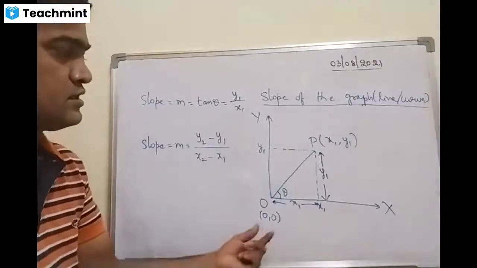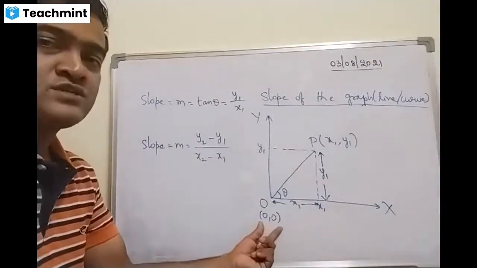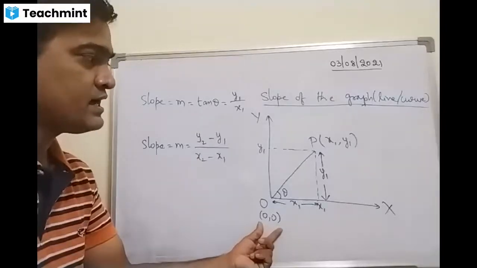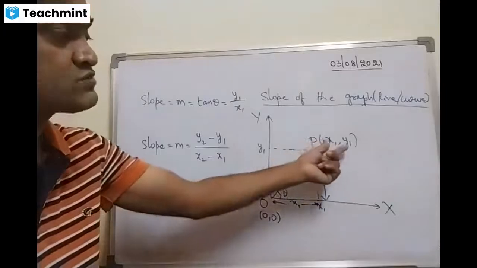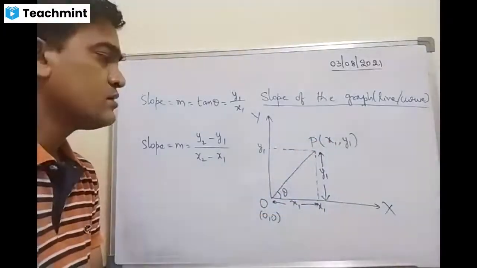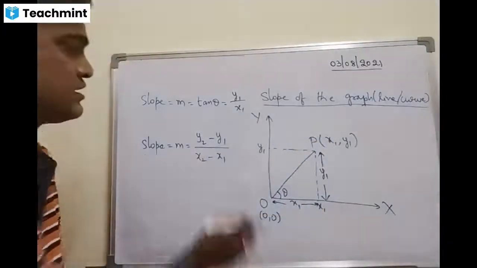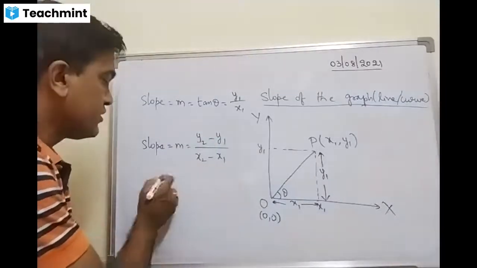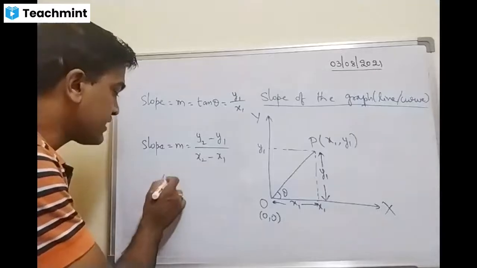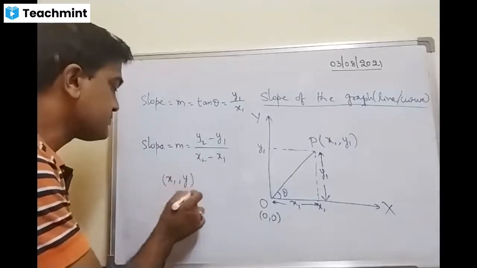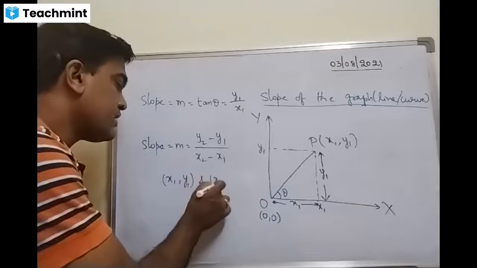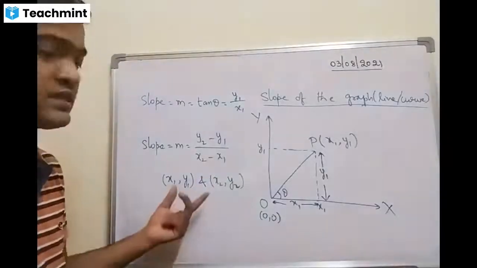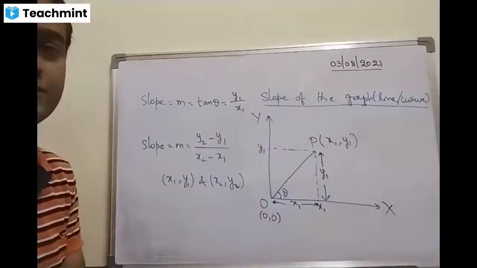Now here, let me take this origin as x1 comma y1, and the point P. Okay, this is the general formula. When you are given 2 points, x1 comma y1 and x2 comma y2, you have to use this formula for slope.